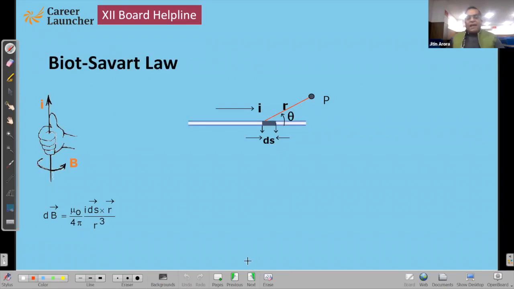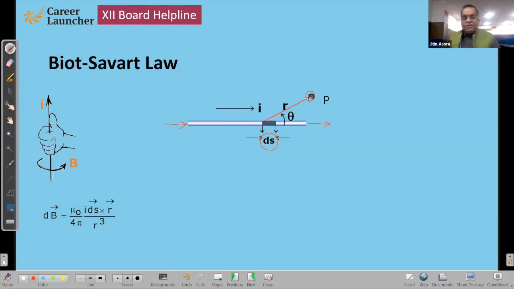So first we look at the Biot-Savart law. Biot-Savart law क्या कहती है कि अगर कहीं पर भी एक current carrying conductor है, like this is the current carrying conductor carrying current in this direction, and we are supposed to find the magnetic field at a point P. So हम पूरे वायर की वजह से magnetic field एक बार में नहीं निकाल सकते, तो हम वायर को split करेंगे into small elements. Let's say this is an element of length ds or dl, normally written in books as dl, or the position of this element from point P is denoted by this vector.